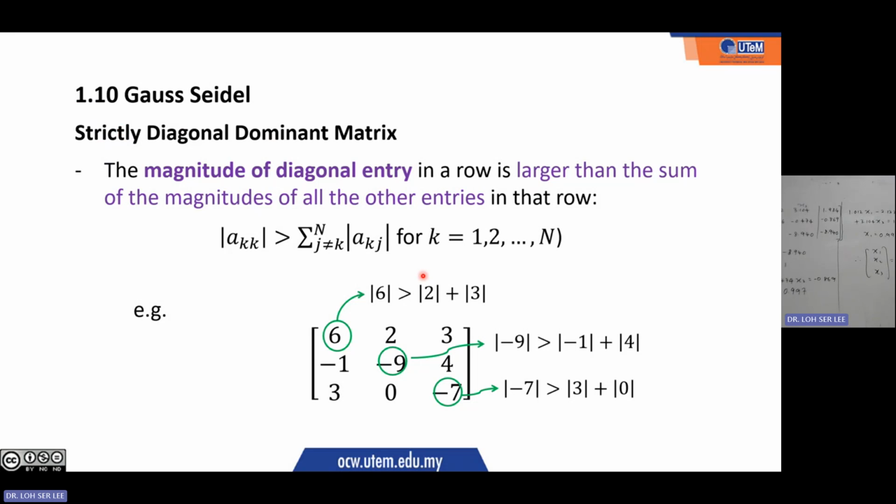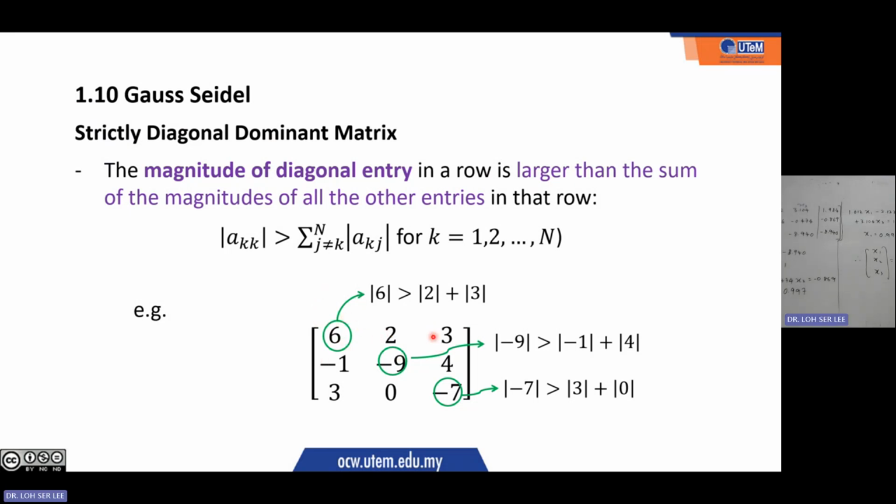Okay, the magnitude of the diagonal entry, we just look at the magnitude of the diagonal entry in a row, is larger than the sum of the magnitudes of all the other entries. Meaning that for all of these entries, we just look at the magnitude.